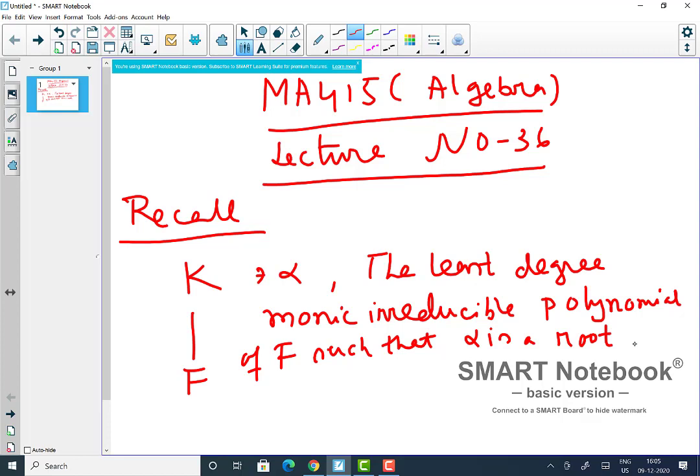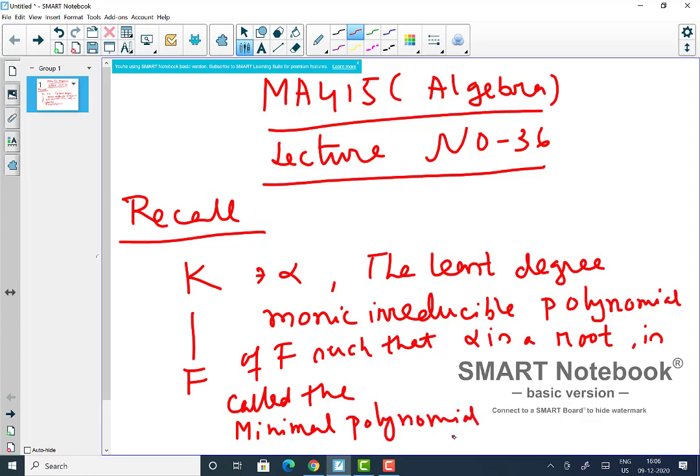Alpha is the root, is called the minimal polynomial of alpha over F, right?